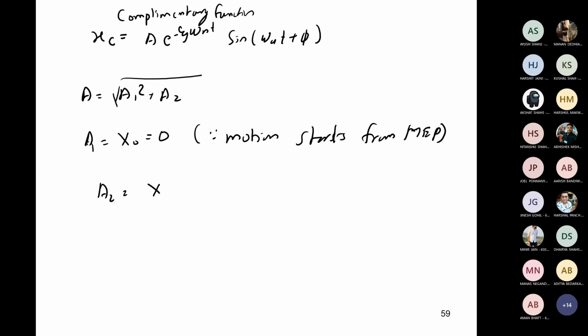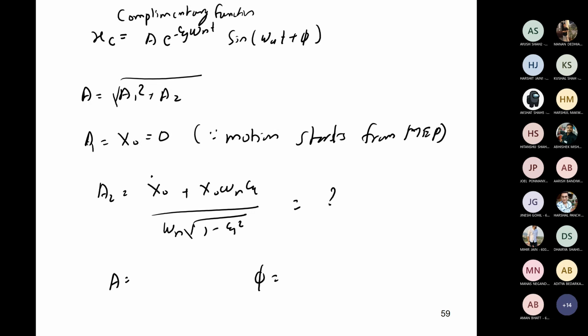A2 is given as x0 dot plus x0 omega n zeta divided by omega n into square root of 1 minus zeta square. So calculate this and find out A. Okay, and phase lag is tan inverse of A1 and A2. Okay, so this will give you the complementary function, or the transient part.